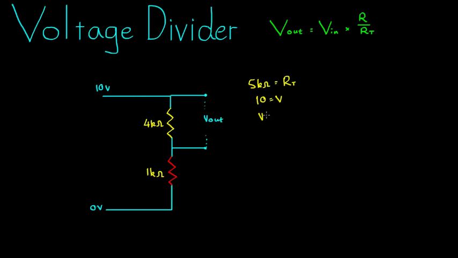So if V equals IR, that's Ohm's law, then 10 equals I, I will leave I as the mystery, times 5 times 10 to the 3. The 10 to the 3 being here to put it in ohms from kilo ohm. So RT is actually equal to 5 times 10 to the 3 ohms. Therefore, I, the current, is equal to 10 divided by 5 times 10 to the 3.